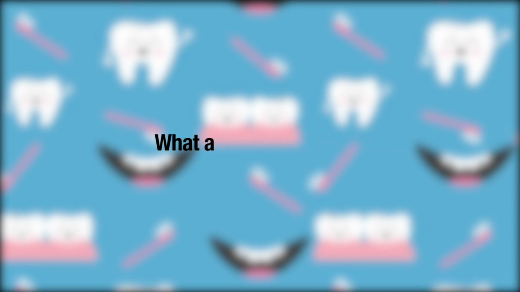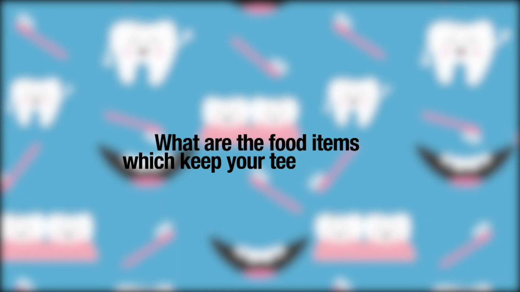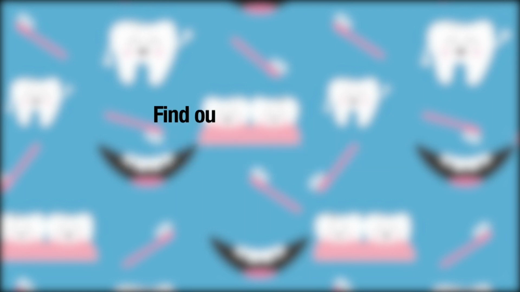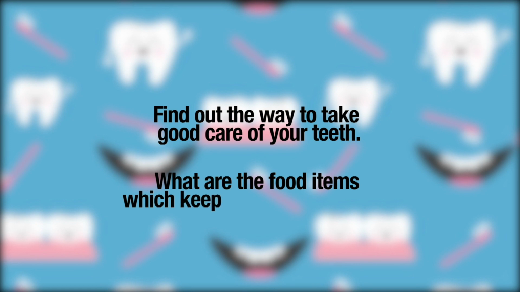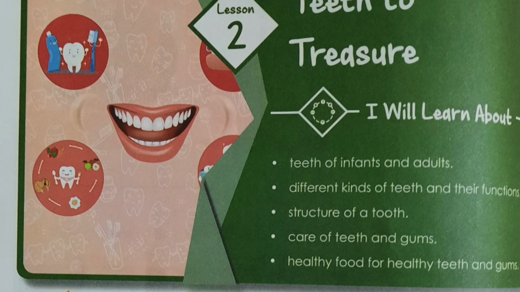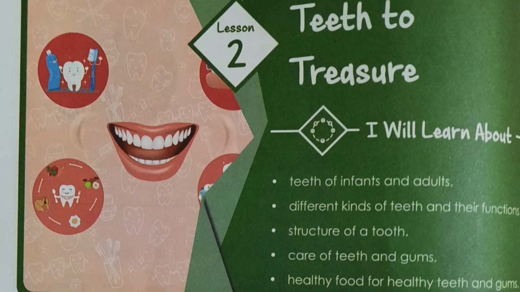And also, what are the different food items which will keep your teeth healthy? Understood? These are the two works I am going to give you. Find out the ways to take good care of your teeth, and also the different food items that keep your teeth and gums healthy. So, by this the chapter is over.